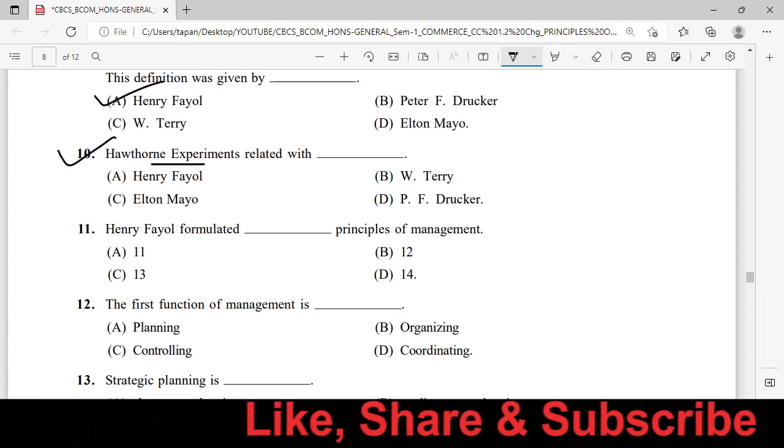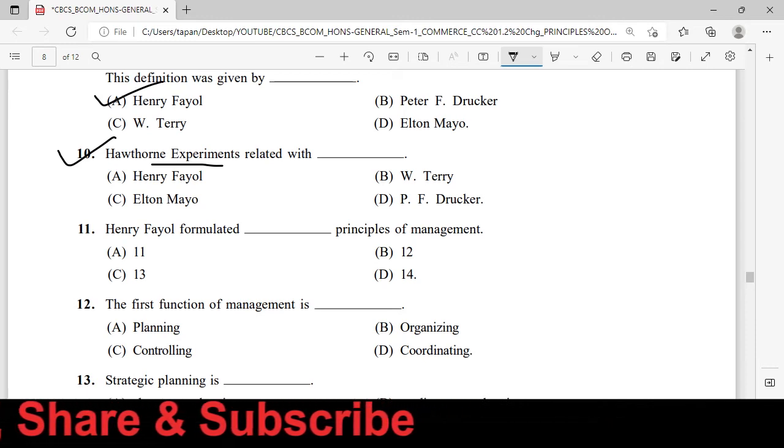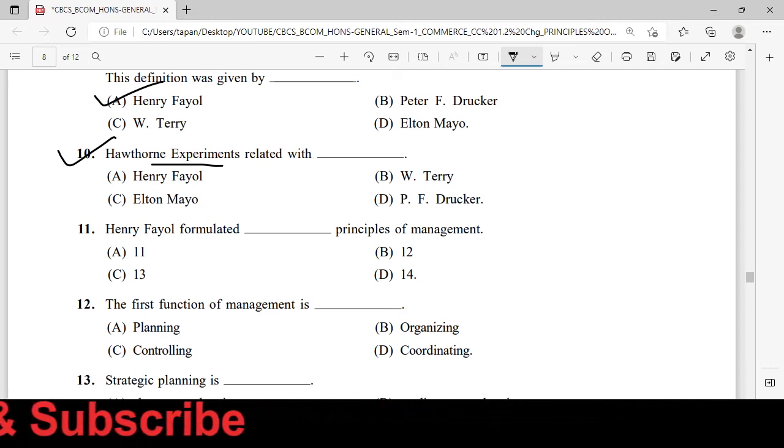Now question number 10. Hawthorne experiments are related to which person? It is Elton Mayo, mind it very carefully. The Hawthorne experiments were conducted by Elton Mayo. On which topic?